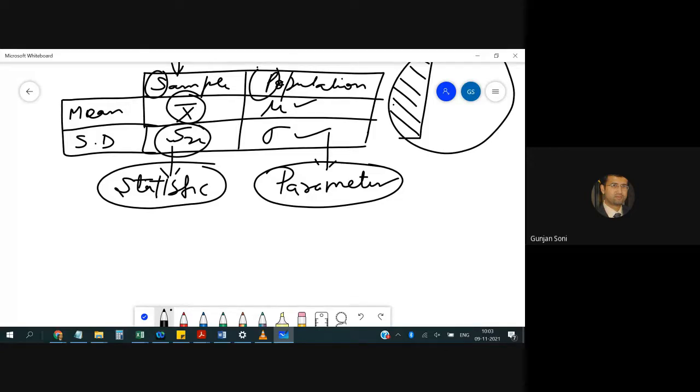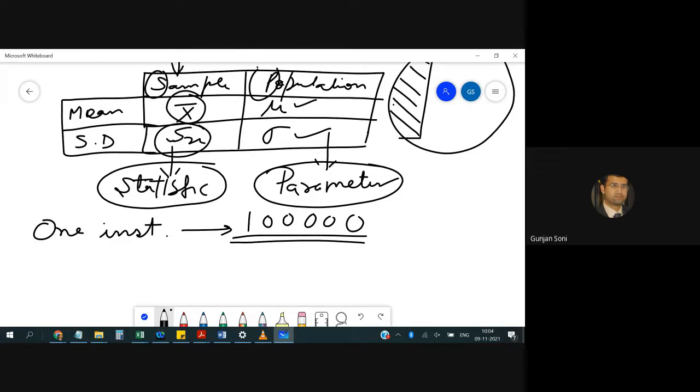So let's say one instrument is there, and in its lifetime it is going to take 1 lakh measurements. Or you can consider till now it has taken 1 lakh measurements, and further it's going to take more. But then I don't have the data for all the 1 lakh measurements.